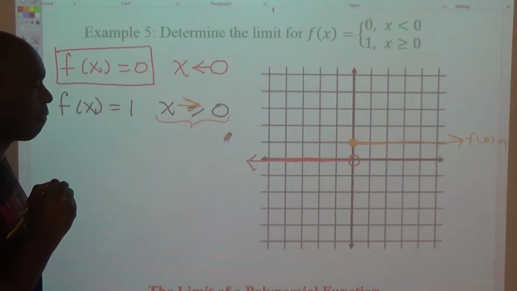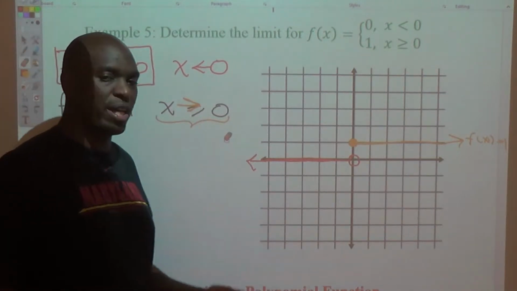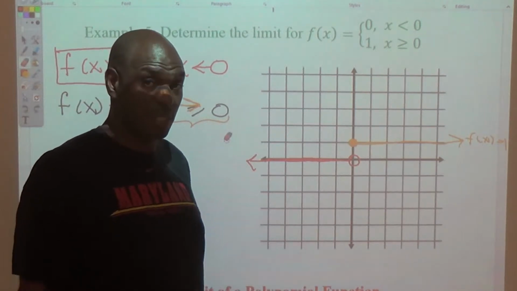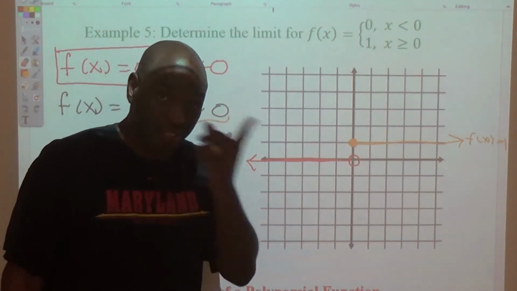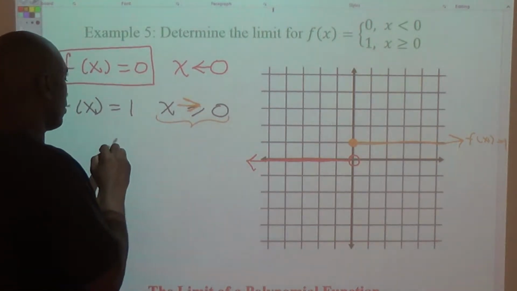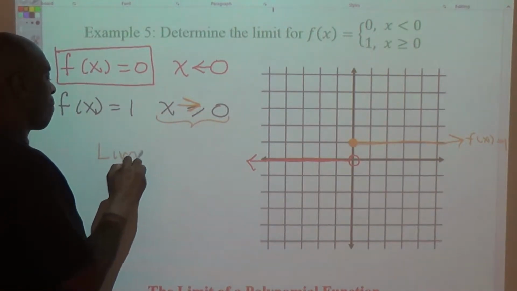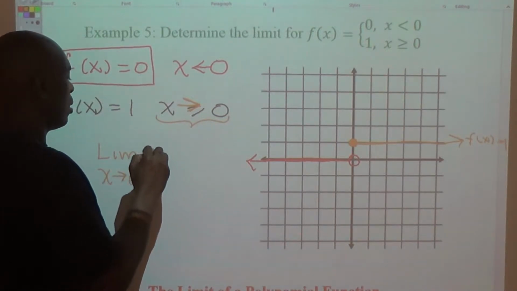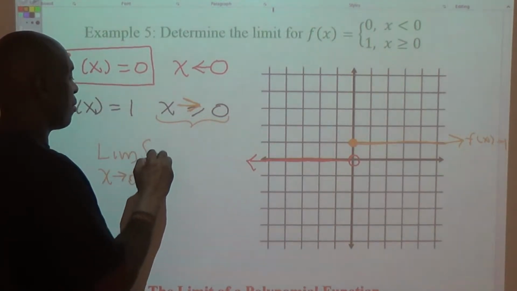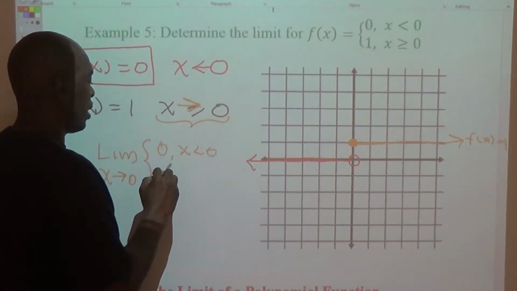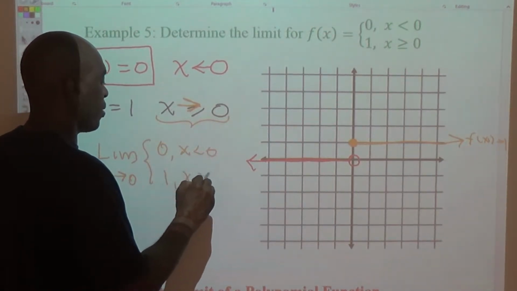Cannot overlap. And so now we're ready to determine the limit here, even if we have an existence of a limit. It doesn't exist. Here we go. So the limit as x approaches 0 of 0 if x is less than 0 and 1 if x is greater than or equal to 0.